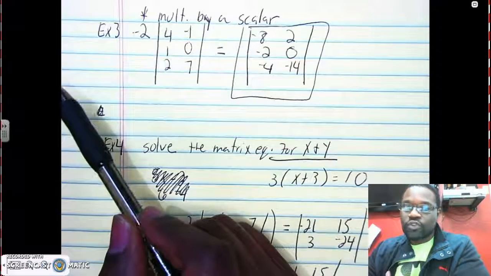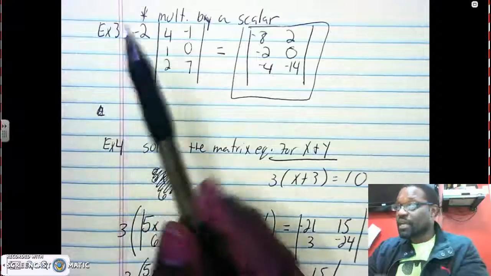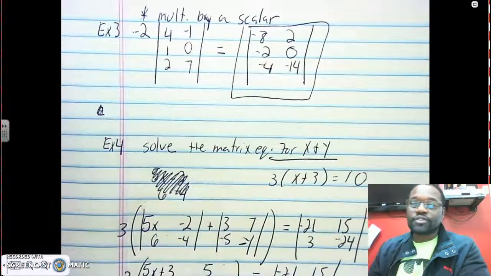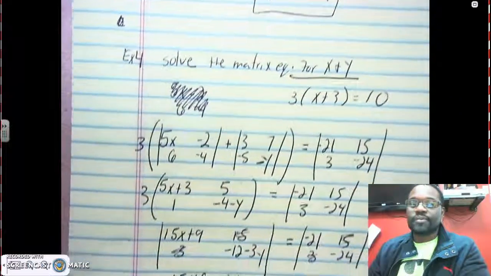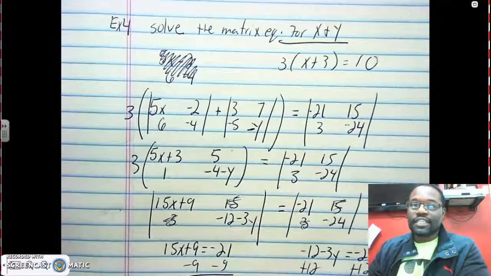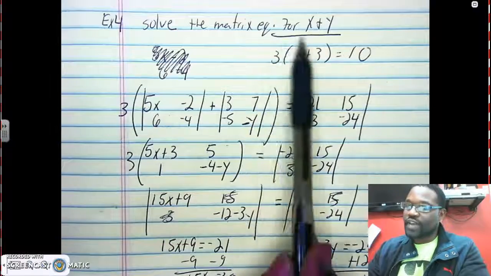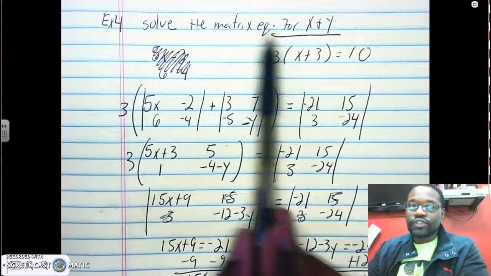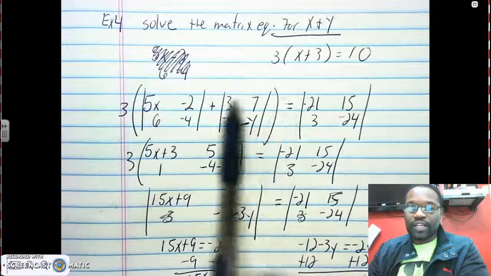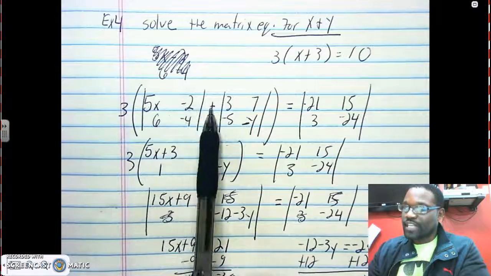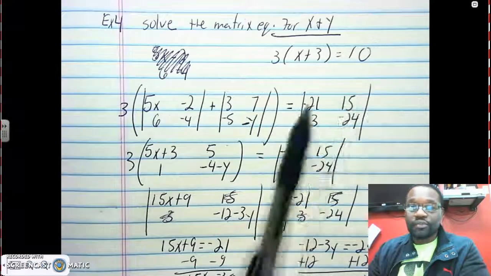Alright? So far we're just talking about adding, subtracting, and multiplying using matrices. So basic operations. Now, let's kick it up a notch. Let's combine some of those. This says solve a matrix equation for x and y. If you look at the elements of this equation right here, notice you got a matrix being added to another matrix and an equal sign and another matrix.